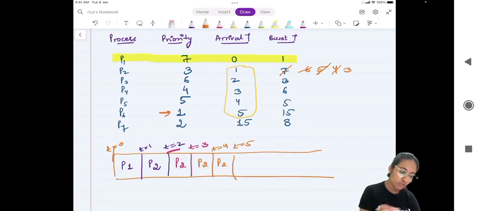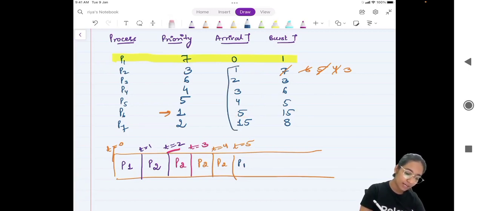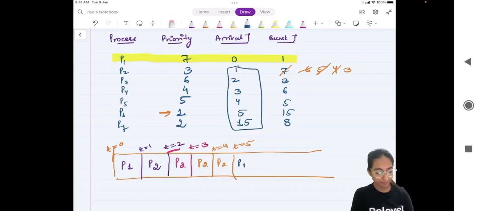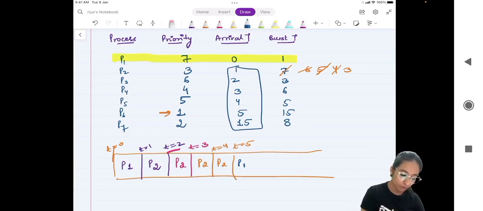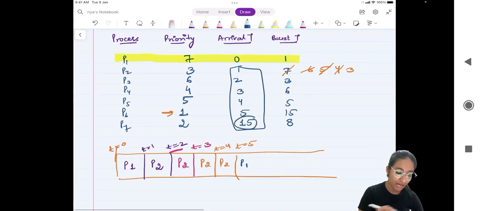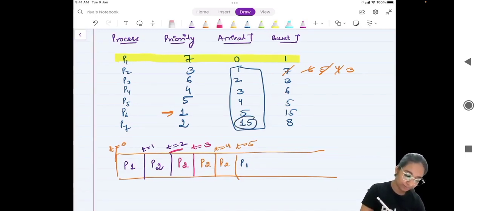So you will halt the process P2 in between and the process P1 will execute. Okay, so P1 will execute, and no matter what other process comes in after that, it does not matter, because although this process came at 15, P1 will still get executed.